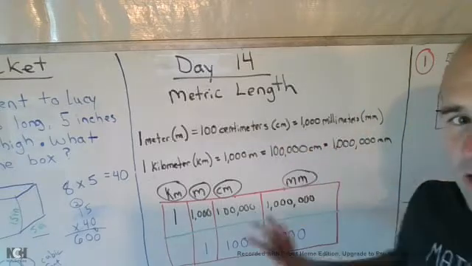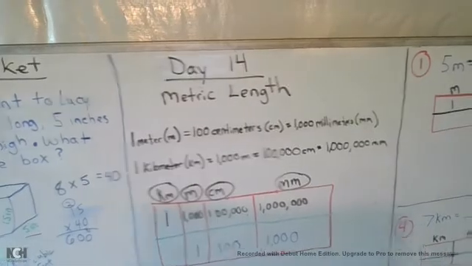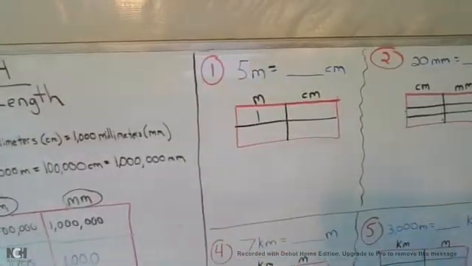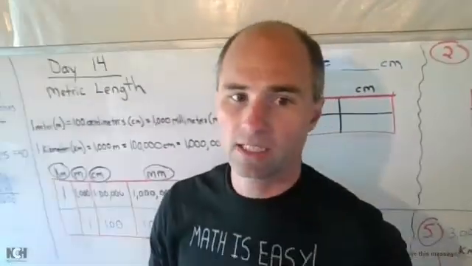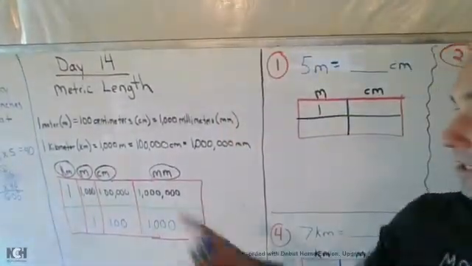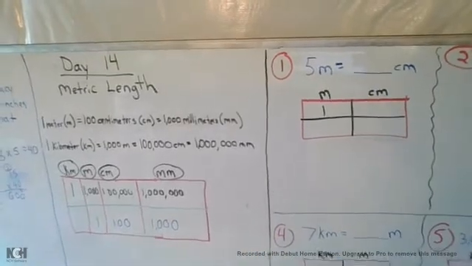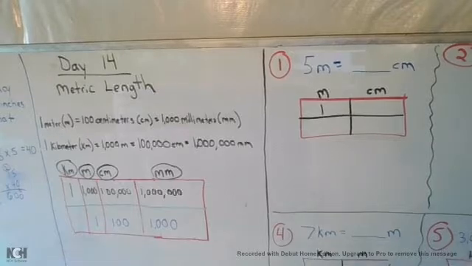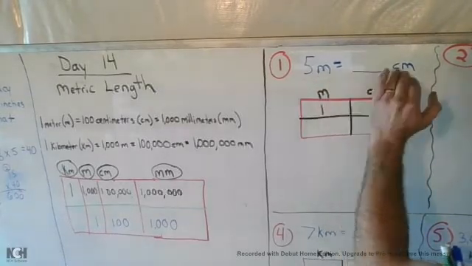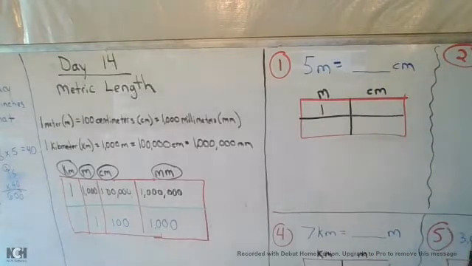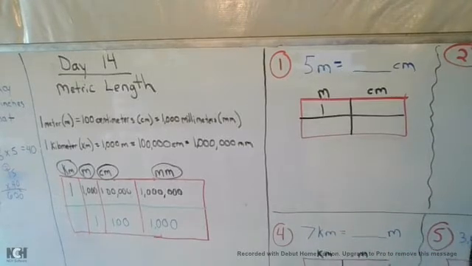So utilize this chart as we work through today's problems. Problem number 1 I will do for you and demonstrate how I'm going to use this chart to help us. So if you did not copy down that chart yet, I would highly recommend you do so. And those formulas. All right, we know the problem here says 5 meters equals how many centimeters? Okay, so if I have 1 meter, how many centimeters is that going to be?